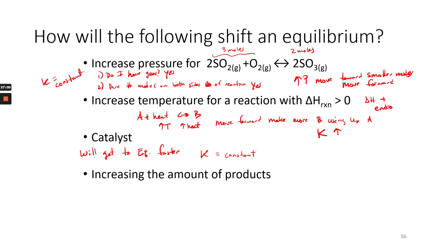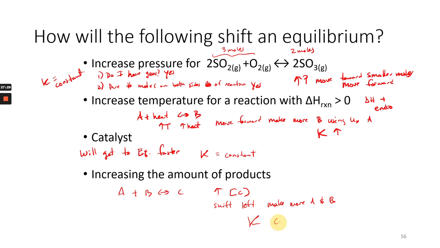Increase the amount of products. So if I'm going to increase the amount of products, let's say I have A plus B makes C, that means I'm going to increase the concentration of C. If I increase the amount of products, it will shift to the left. So I will make more A and B because it will shift in the reverse.